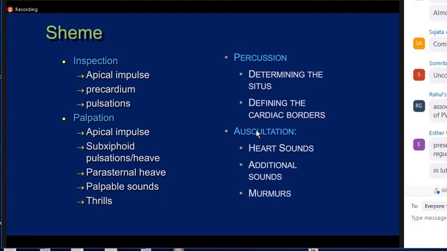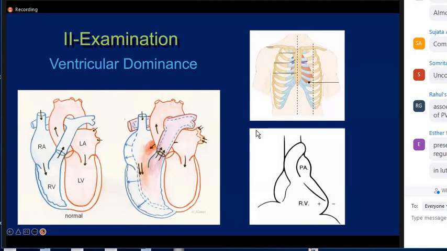Then look for precordial pulsations, parasternal heave, and subxiphoid pulsations. Are there any palpable sounds or thrills? These are very, very important. Then subsequently heart sounds and murmurs. Now look at this: this is the normal right ventricle and left ventricle.